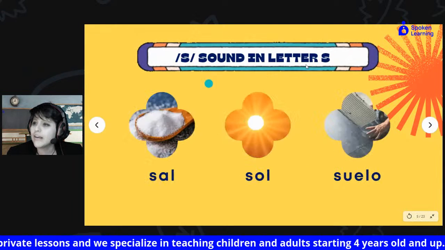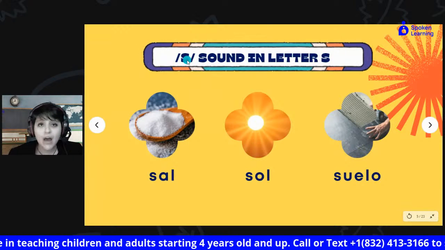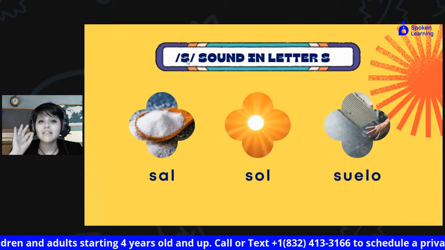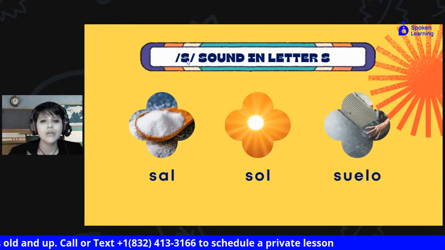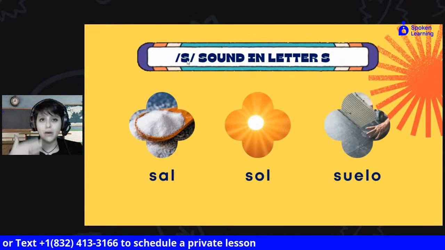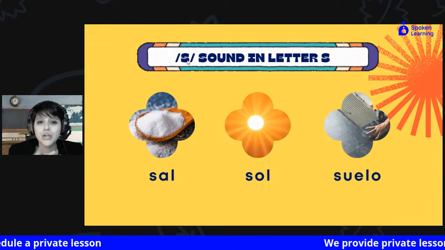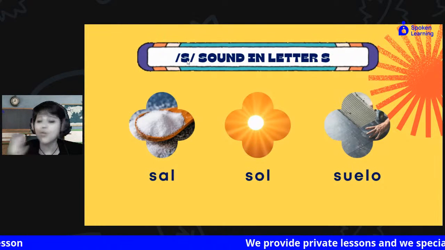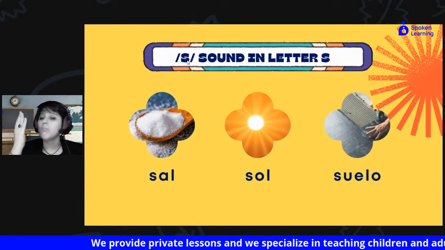Moving on. We have the S, which sounds like S with all the vowels. I want you to be aware of your body. I want you to feel how the air comes out of your mouth. So place your hand in front of your face and then blow.